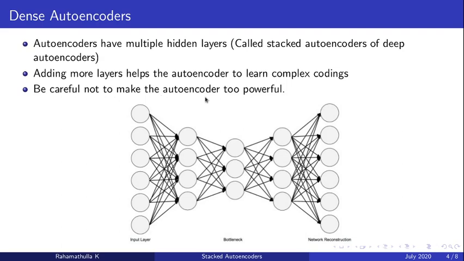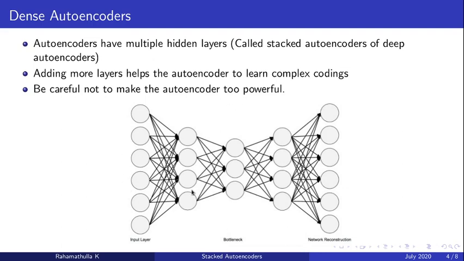Be careful not to make an autoencoder too powerful, so that for your input data it will be learning the most possible compressed representation in the middle layer, and it will be recovering your data very perfectly, but it may not be a generalized system, so that this is going to work very best for your training data, and for your testing data this is going to perform worst. That is what I mean by not to make the autoencoder too powerful.